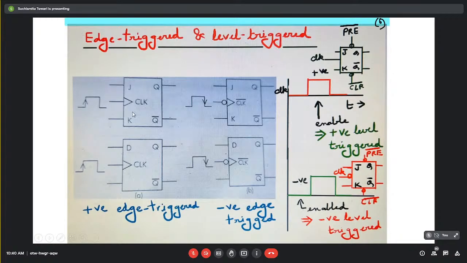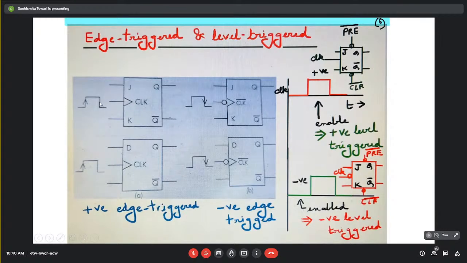Here, please pay attention, because a lot of you make mistakes when it comes to representing what kind of clock signal you are using. For edge triggered, if you represent the flip-flop as a single block diagram, and here you are giving the clock signal, then a triangular symbol should be here.